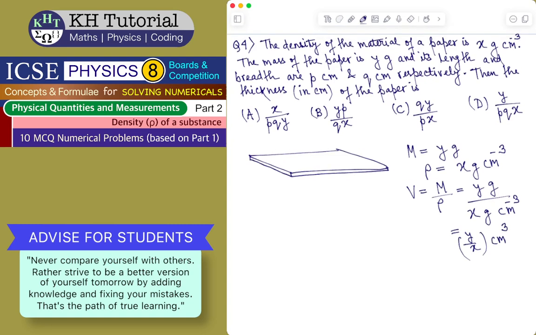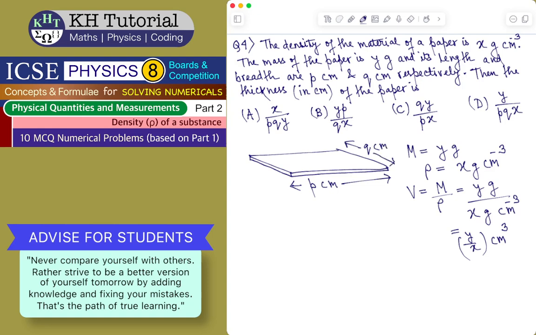Now we have to find the thickness of the paper. The length was given as p centimeter and the breadth as q centimeter.